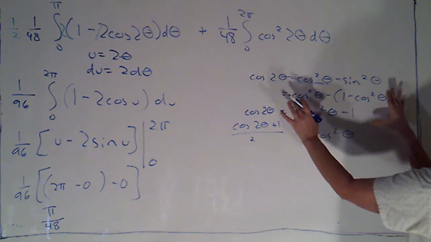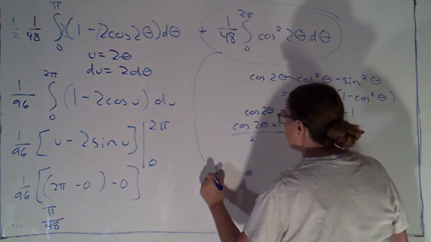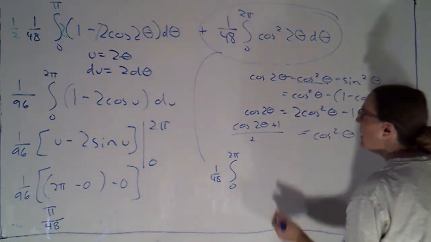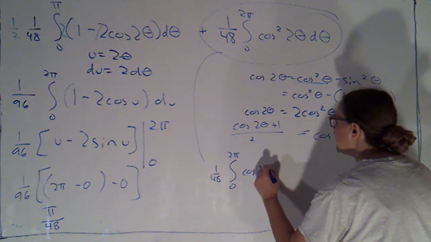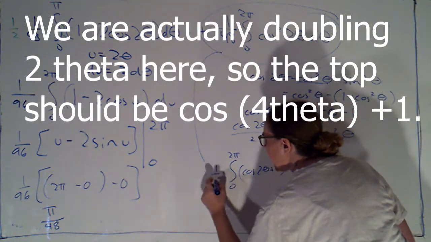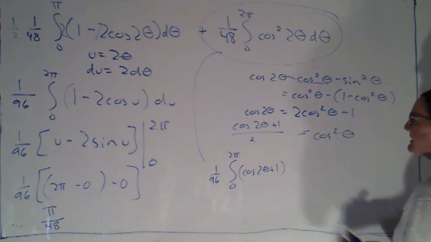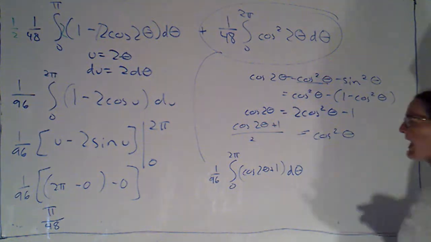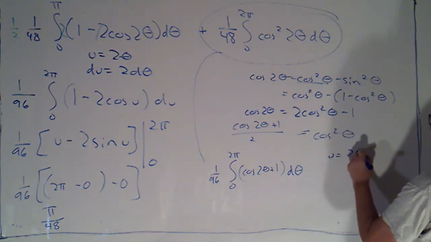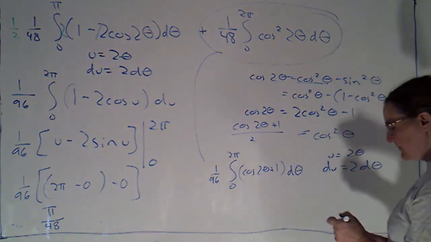So with that work, this integral here becomes 1/48, the integral from 0 to 2 pi, of cosine of 2 theta plus 1 over 2. I think I'm just going to factor out that 2 in the denominator and make that 1/96, and then we're integrating that d theta. So again, quick u sub, u is going to equal 2 theta, so du is 2 d theta.